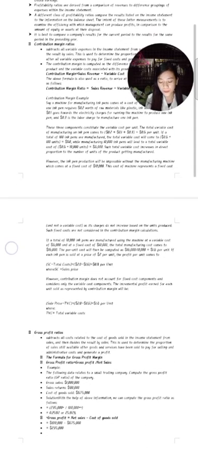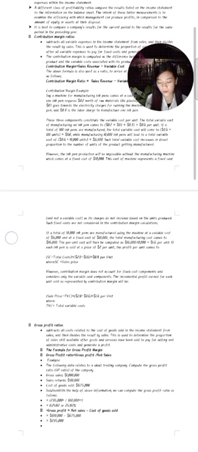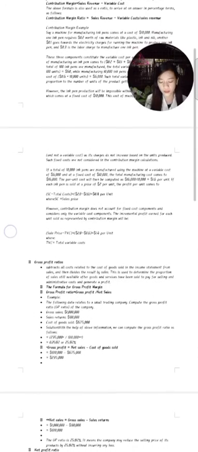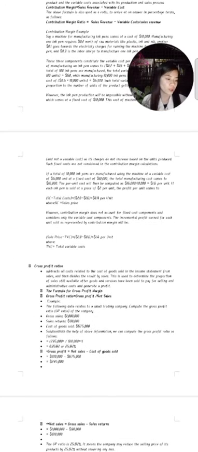However, the ink pen production will be impossible without the manufacturing machine, which comes as a fixed cost of $10. So, this machine cost represents a fixed cost and not a variable cost, as its charge does not increase based on the units produced. Such fixed costs are not considered in the contribution margin calculation.